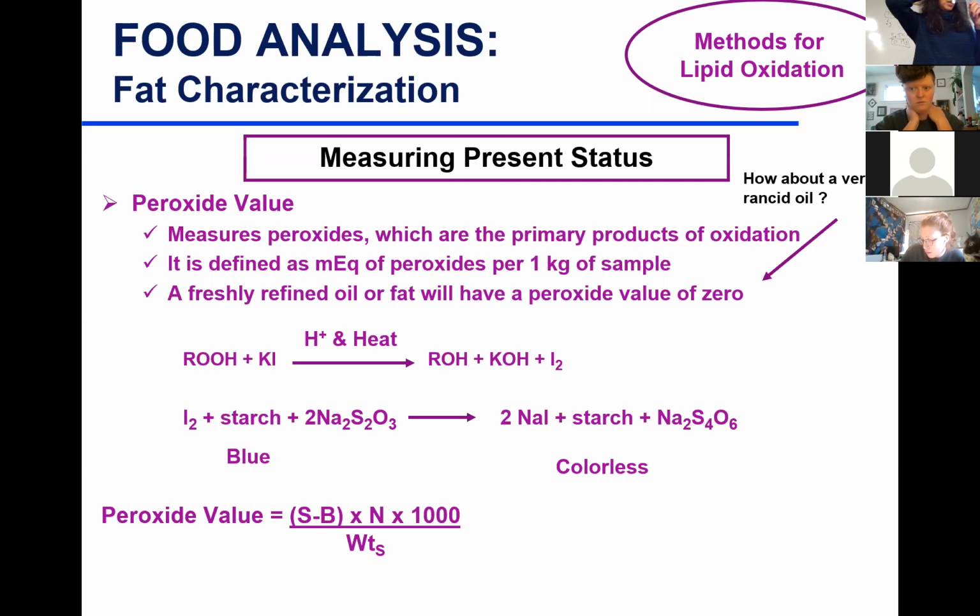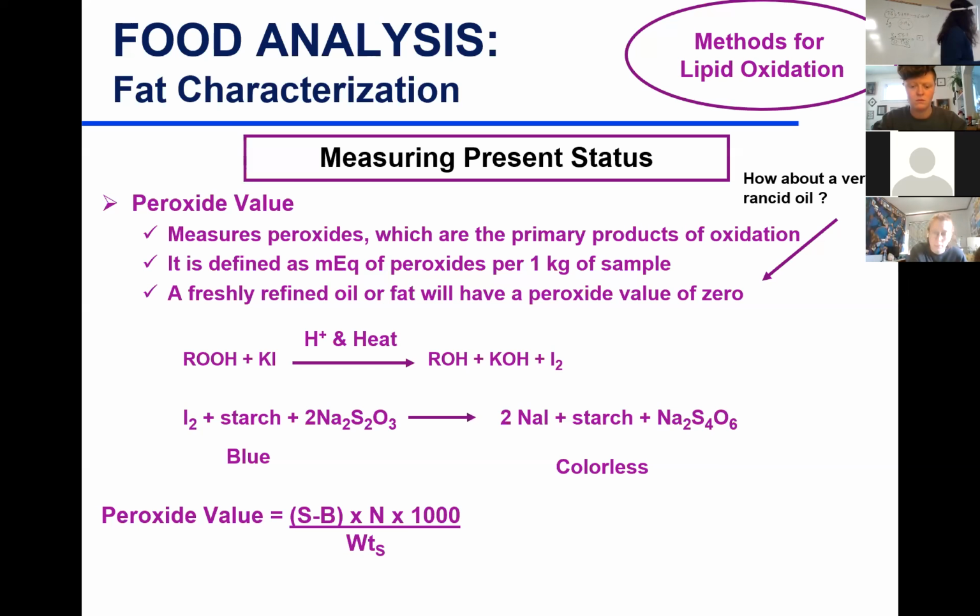If the peroxide value is 0 but it smells really bad, that means it's fully oxidized. Or you can do another test, a secondary metabolite test, which we often do because sometimes it smells, but not too bad, and you want to know exactly how oxidized. You can't just base it on the smell. So you want to determine primary and secondary oxidation products, and that's what we will be looking at in a minute.